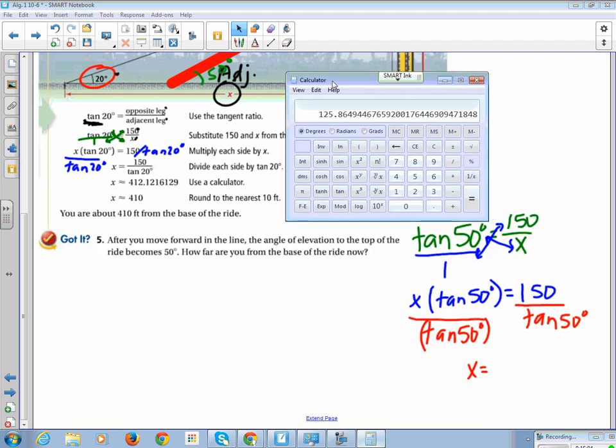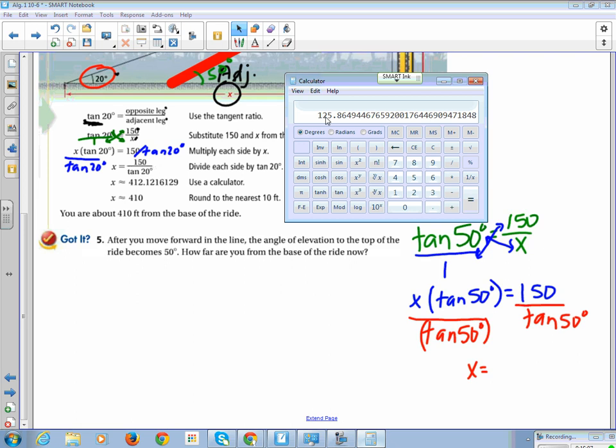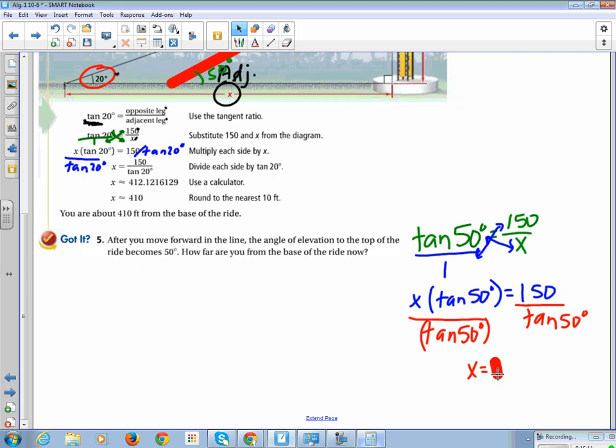And I believe we're going to round to the nearest 10, so that's 130. Oh, that's huge, man. And that's feet, because I rounded to the nearest 10 feet.